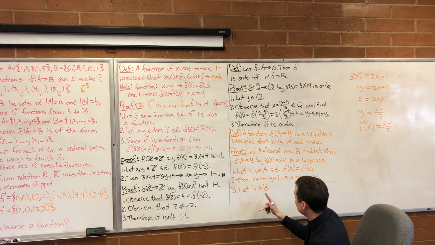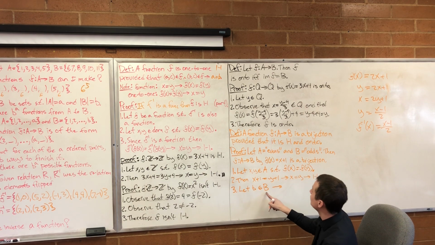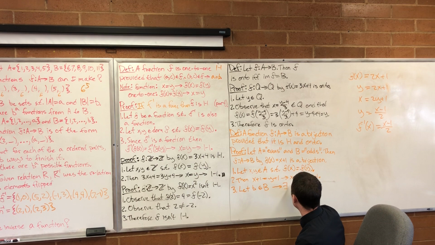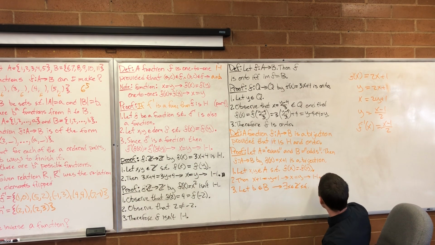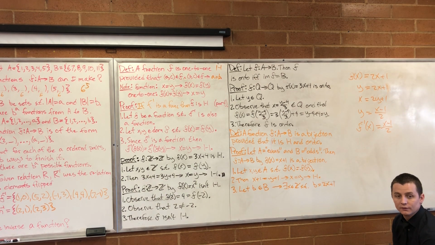But if little b's in B, what do we know about little b? It's odd. So if little b is in big B, what is big B? It's the set of all odds. So then there exists x in Z such that b is equal to 2x plus 1. Right?